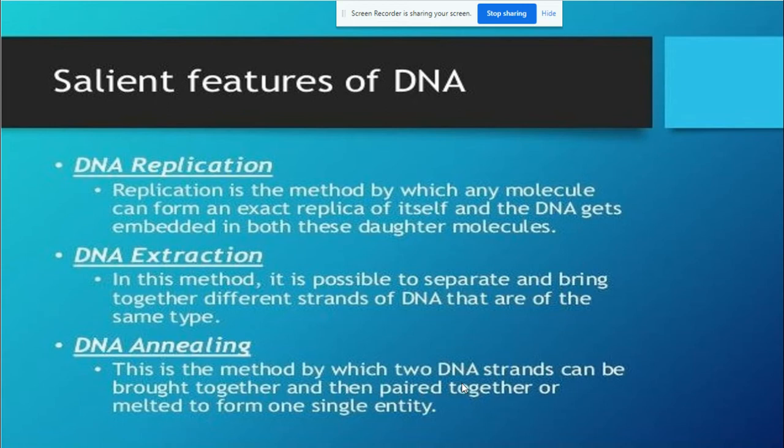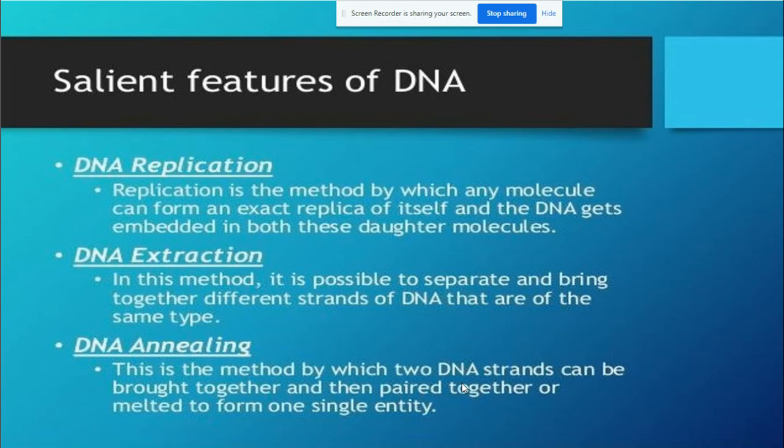DNA replication is the method by which the molecule can form an exact replica of itself, and the DNA gets embedded in both these daughter molecules. So the clones produced by the DNA make daughter cells. They are the exact replica of a DNA.